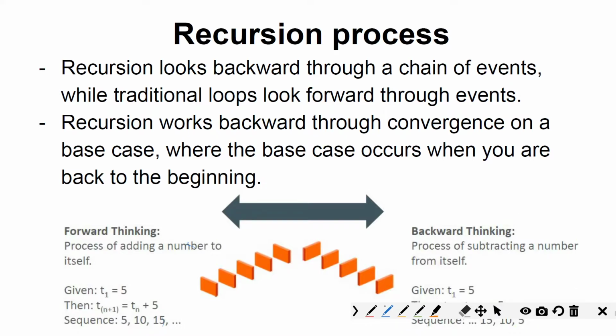If you have the recursion, you think differently. You're subtracting the number from itself. First you have, for example, n equals 3. You're just subtracting: 3 minus 1, 2 minus 1, 1 minus 1, like this. It's a different approach.